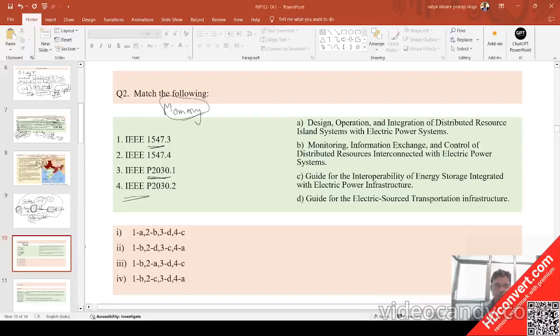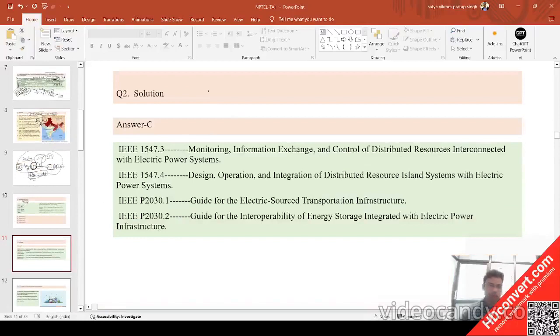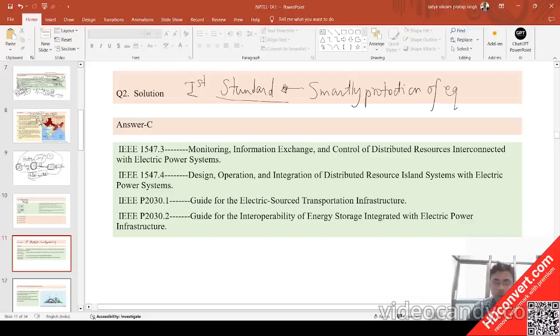Okay, let's go to the answer part. Here you can see first thing, why you need a standard, because the standards are needed for the smooth protection of your equipment and other equipment which is being connected into the system.